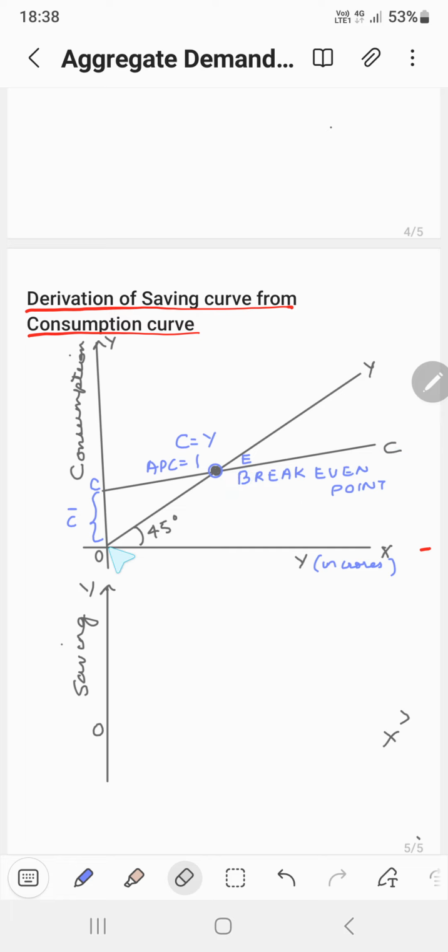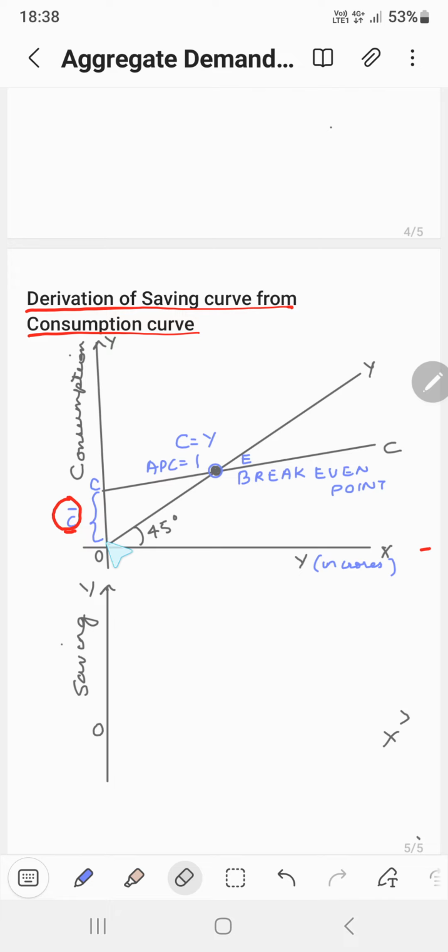Please see that the consumption curve starts not from the origin, but above the point of origin, and this is because there is autonomous consumption. We've learned what autonomous consumption is, meaning that there is some consumption which will happen even when your income is zero. So that is known as autonomous consumption.